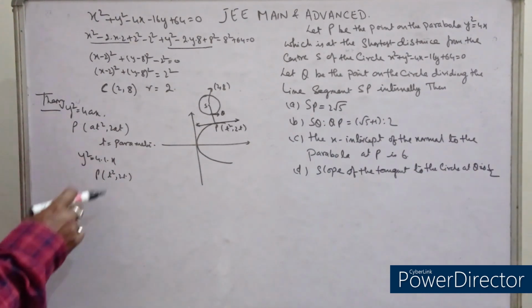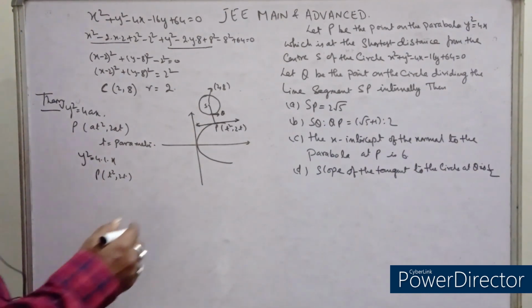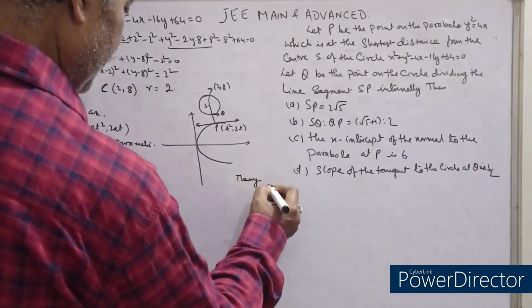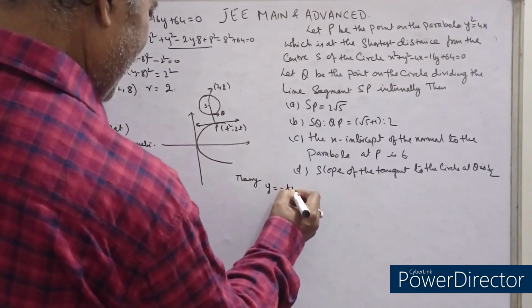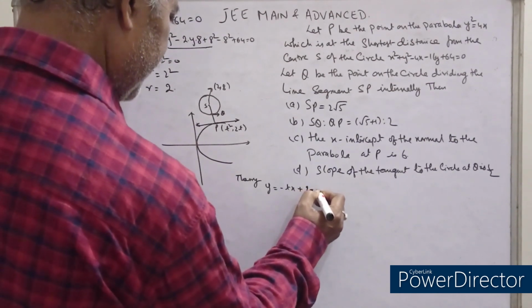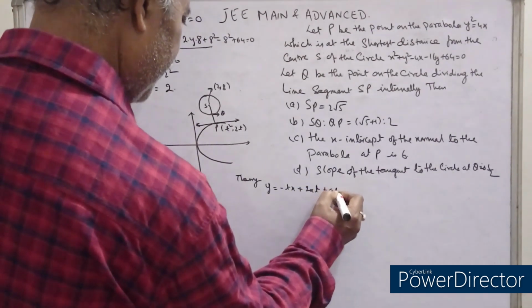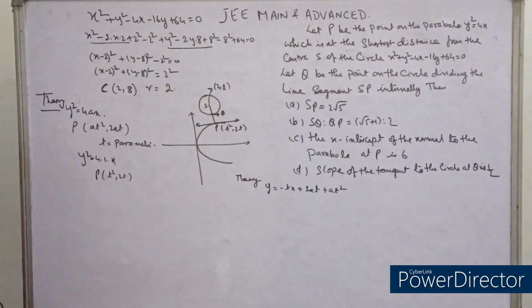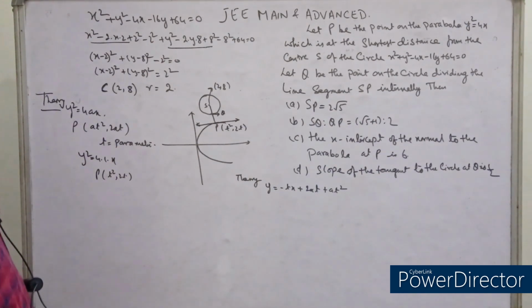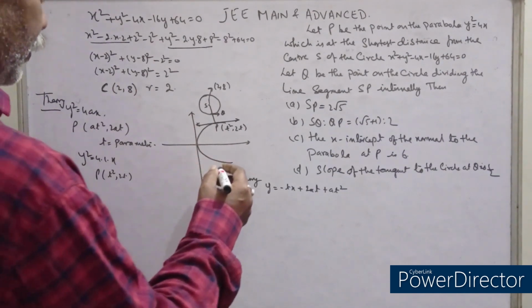So the theory for the equation of this normal is y is equal to minus tx plus 2at plus at cube.